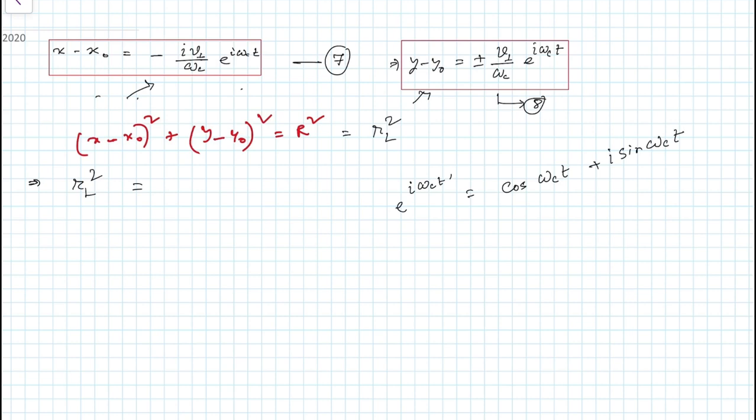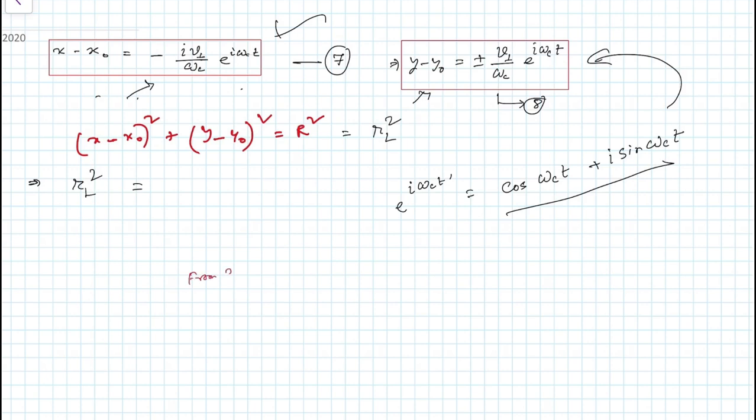If you put this value here and take the real parts, then what will be the real parts from these two equations we will get?